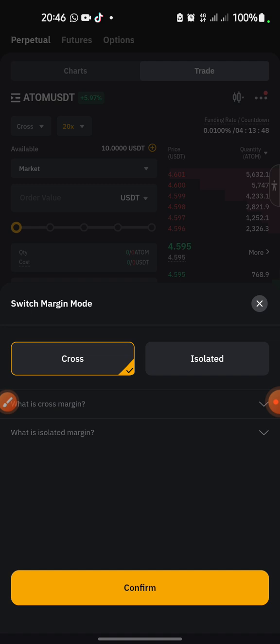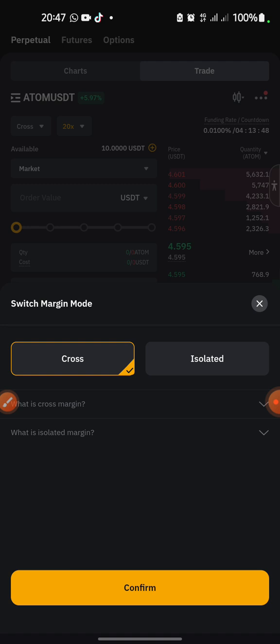If we have an available balance of $100, definitely in futures we don't trade with our entire portfolio. So we want to trade with, for instance, $10. Once we've placed our trade with $10, if the trade goes against us, with cross margin enabled, once that $10 is finished, we'll be left with $90.